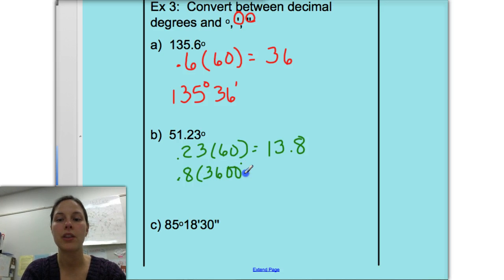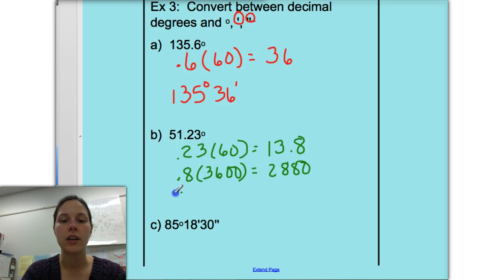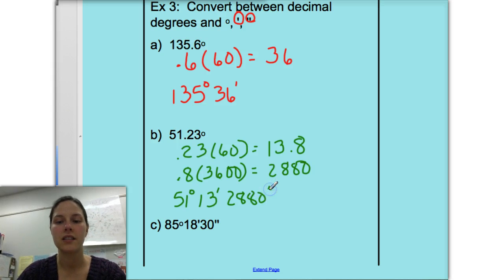So we multiply that by 3,600, and 0.8 times 3,600 is 2,880. So when we convert this degree, we get 51 degrees, 13 minutes, that was the whole number when we multiplied by 60, and then 2,880 seconds.